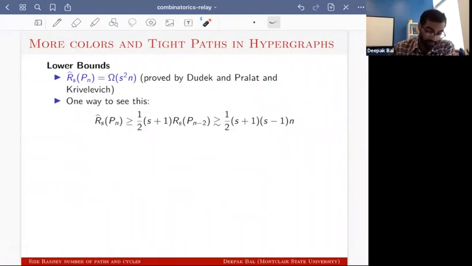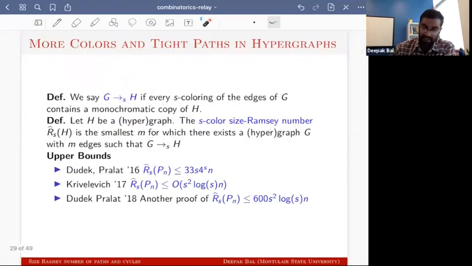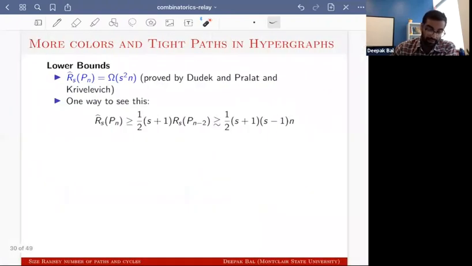The lower bounds. Well, it was also proved that the upper bounds are like S squared log S times N, and the lower bounds are at least on the order of S squared times N. The dependence on the number of colors is at least S squared.